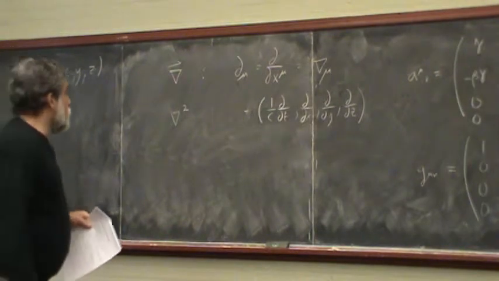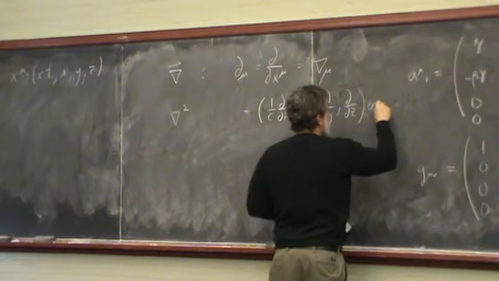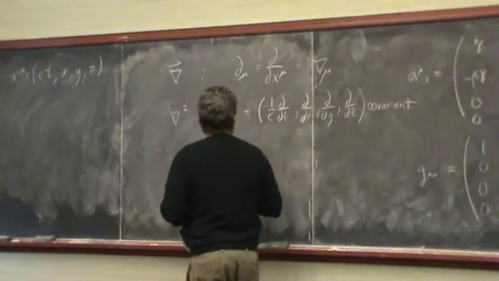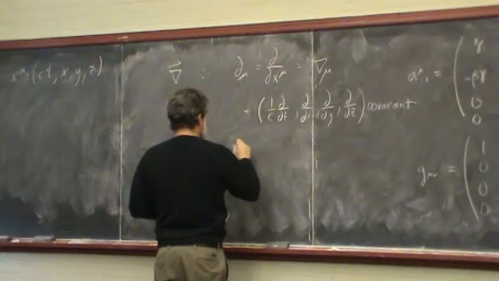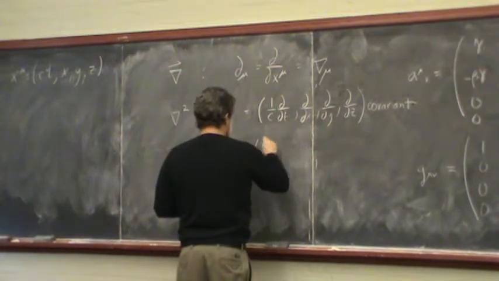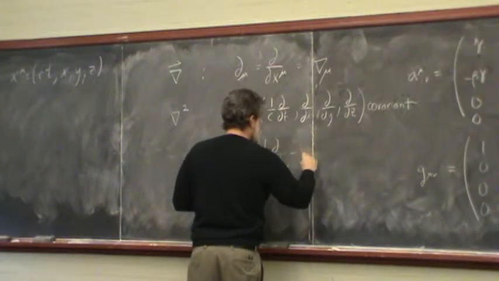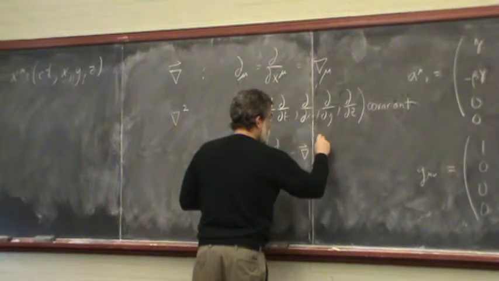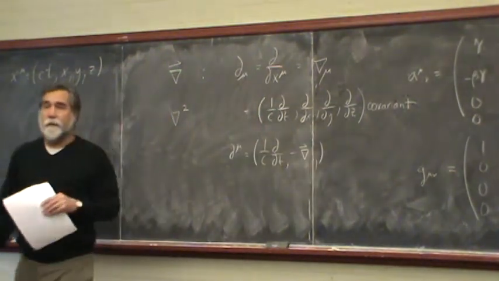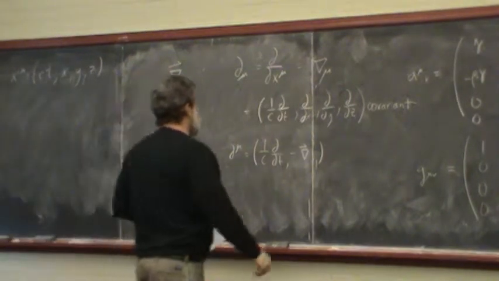And this is the covariant form. And the contravariant form is 1 over c d by dt minus del, the three-dimensional del. This one's contravariant.